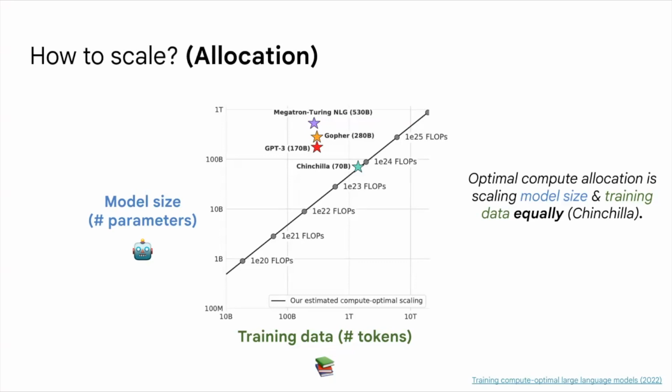And by lying directly on the gray line, the blue star, Chinchilla, performs the best among all of the models depicted. So the models above, even though some of them used more compute, they are suboptimal. They perform worse than Chinchilla because they over-allocated to parameters. So it's critical to scale equally.